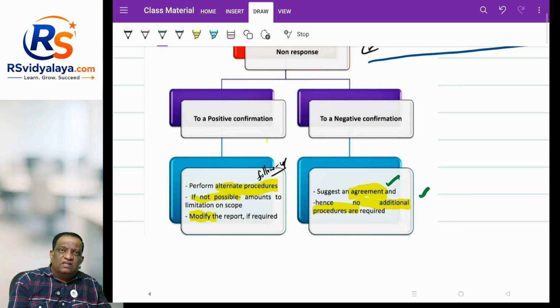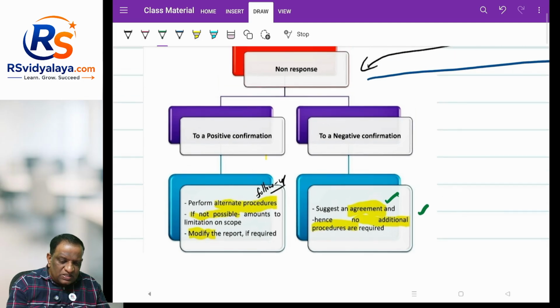This is the simple case. But if you sent a positive confirmation and there is no response from the party, what do you do? You try to perform alternate procedures. If that is not possible, then it would amount to a limitation, because it is mandatory for you to obtain the external confirmation. Then what do you do? You modify the report. That's all.